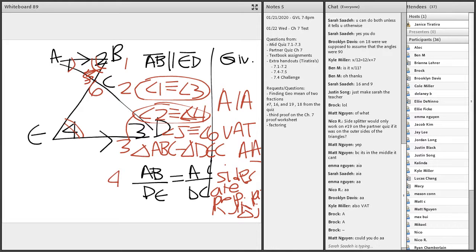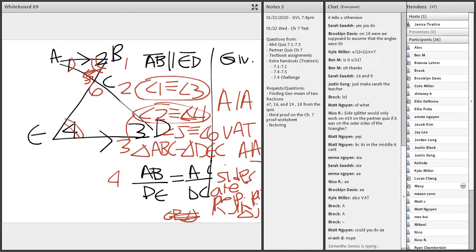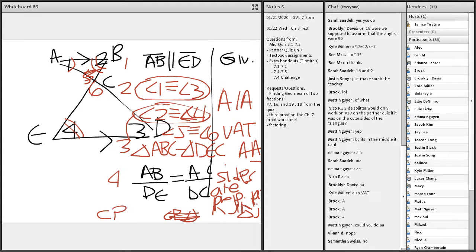Anyone do that? It'll probably be like corresponding parts of similar triangles are proportional. No? Okay, I don't think so, so we don't have to worry about that. So something along the lines that, hey, the triangles are similar, so now the sides are proportional. Something along those lines should be your answer.